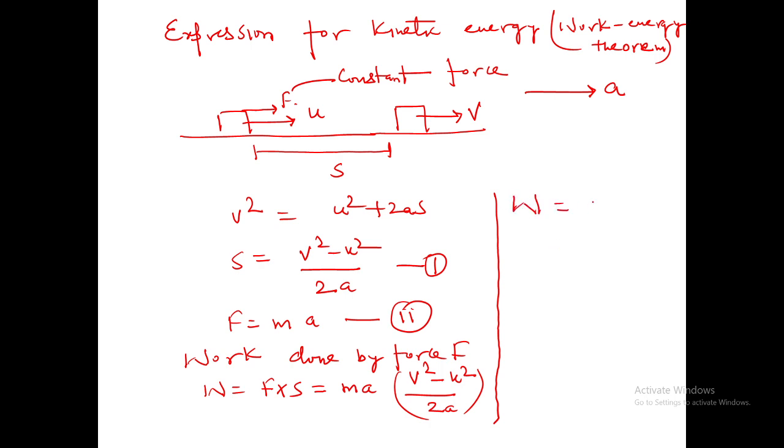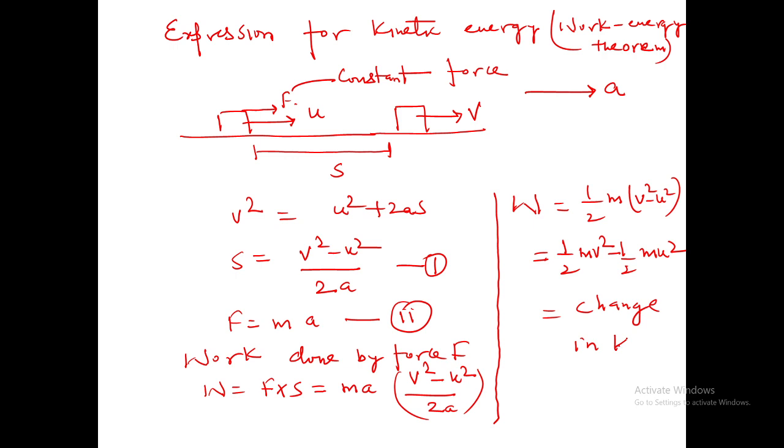W is equal to half m times v square minus u square. So this is nothing but simply half mv square minus half mu square, and this is known as the change in kinetic energy.